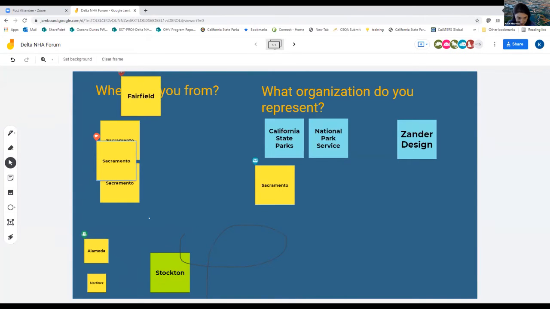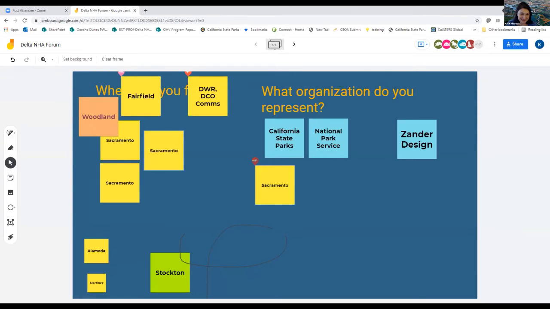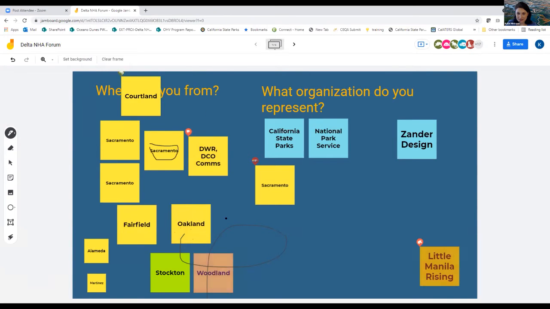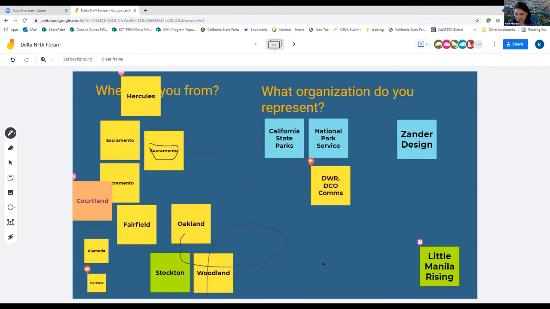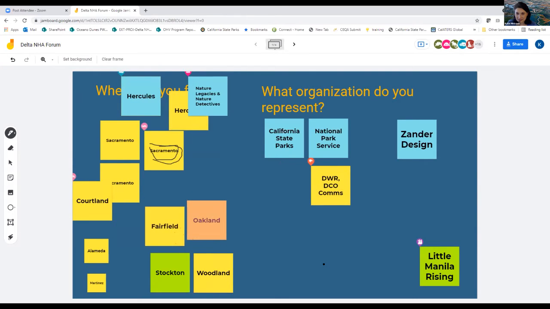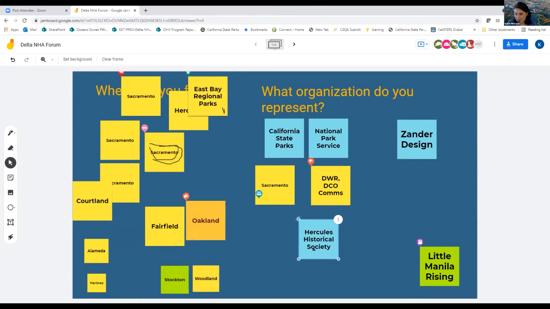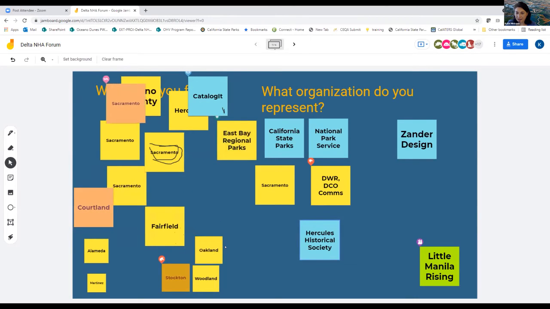And yes, you can also go in here and doodle if you want to, which is kind of a neat feature. Nice. It's kind of fun seeing this populate. Hercules. East Bay. Catalog it. That's an interesting organization. I'd like to learn more about that.